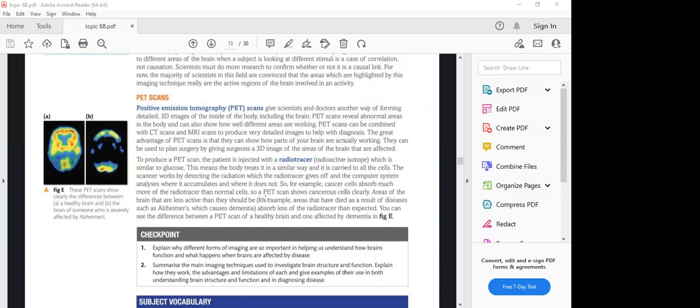The scanner works by detecting the radiation which the radio tracer gives off, and the computer system analyzes where it accumulates and where it does not. For example, cancer cells absorb much more radioactive tracer than normal cells, so a PET scan can show the cancerous cells clearly.